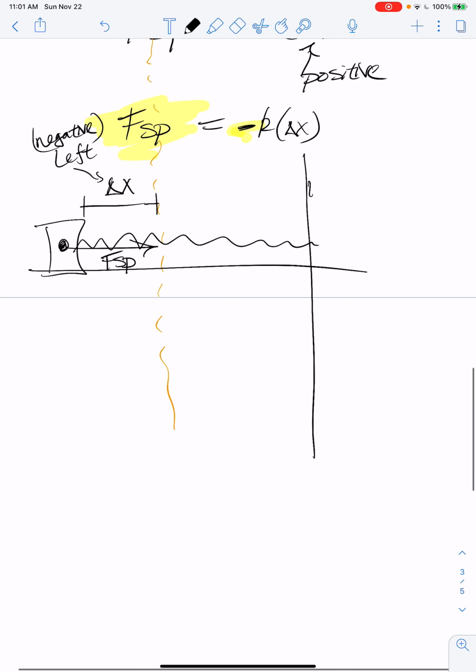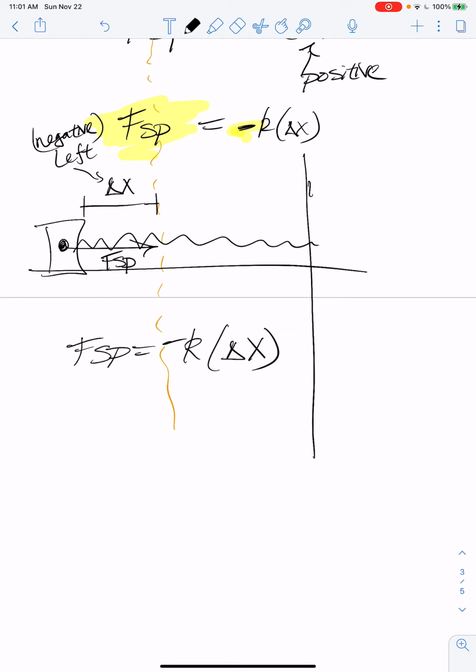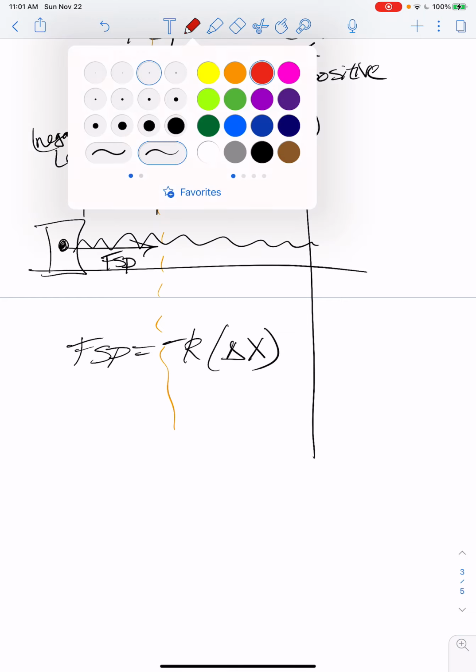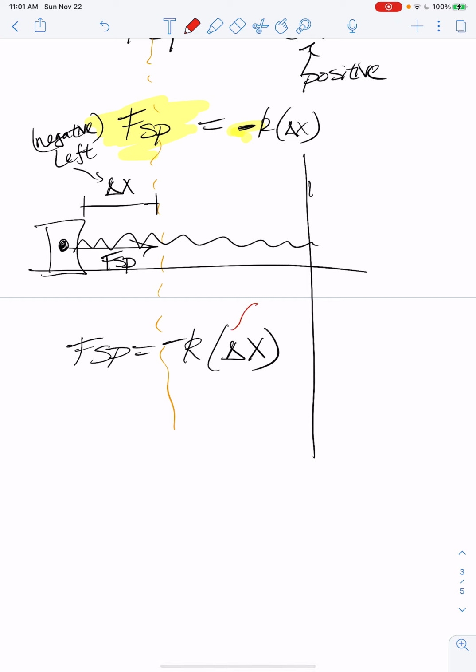So what we're seeing here then is that our equation, force spring is equal to negative k delta x. Now this negative sign helps account for that, right? Check it out. This is going to be negative. So I'm going to go ahead and put that negative sign right here. And a negative times another negative is going to be a positive.